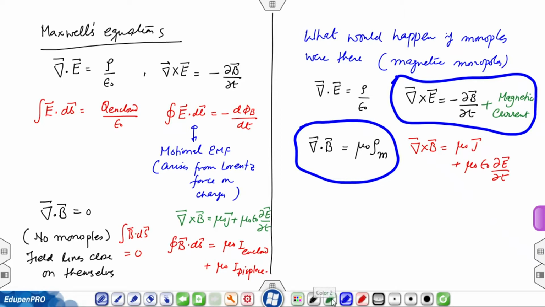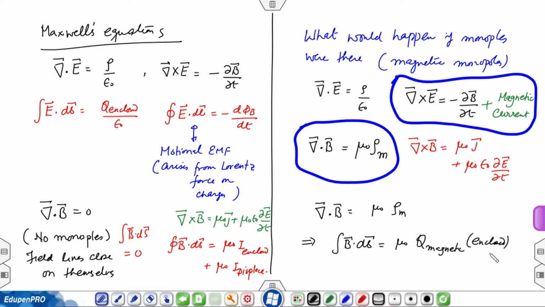So, let us see, if we have divergence of B equals mu 0 rho m, this would also imply that the integral of B dot ds is equal to mu naught times q magnetic enclosed by the surface over which I am integrating. So, this would be the Gauss's law for magnetism when magnetic monopoles exist.